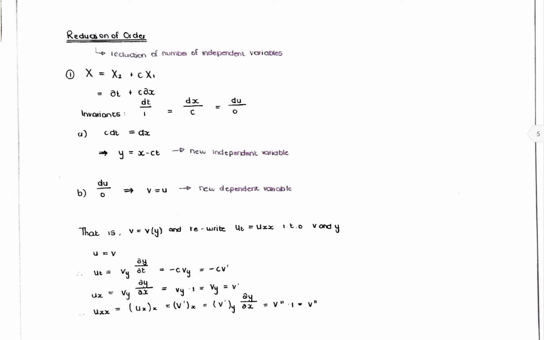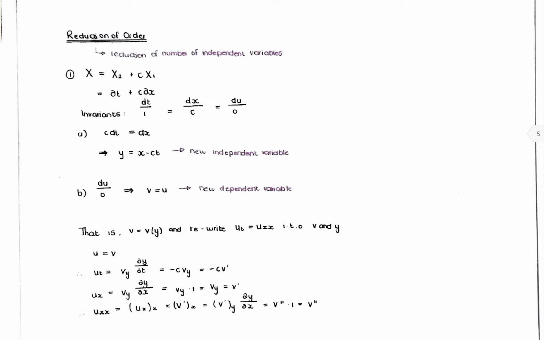Having started off with 2 independent variables, any reduction of this partial differential equation will be, of course, a differential equation in 1 independent variable, namely an ODE. So one can then construct various kinds of solutions.